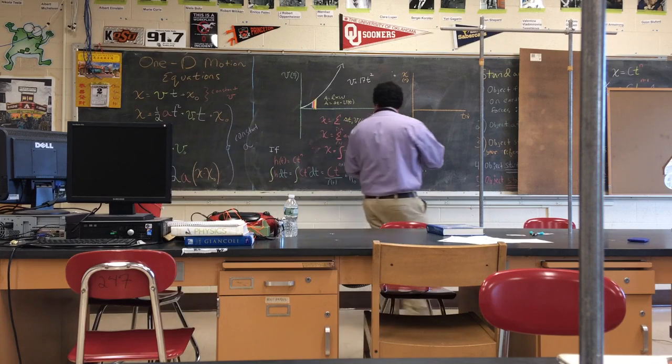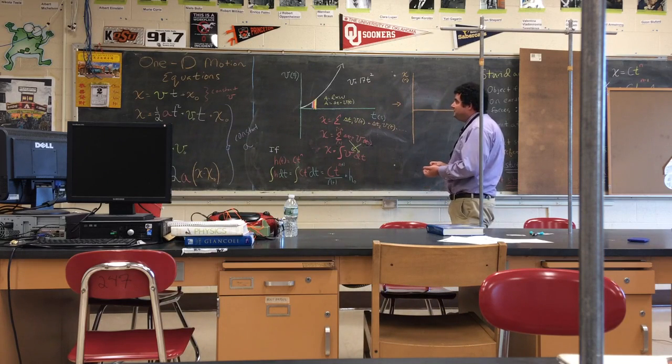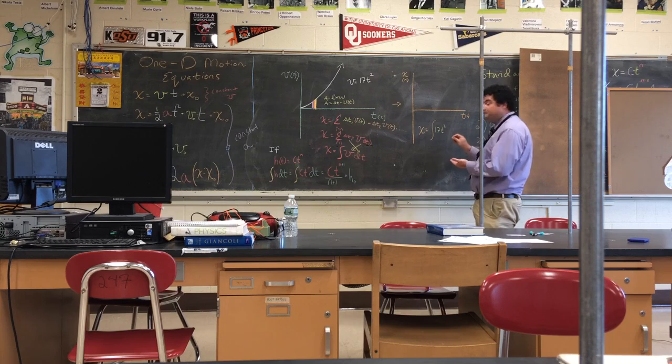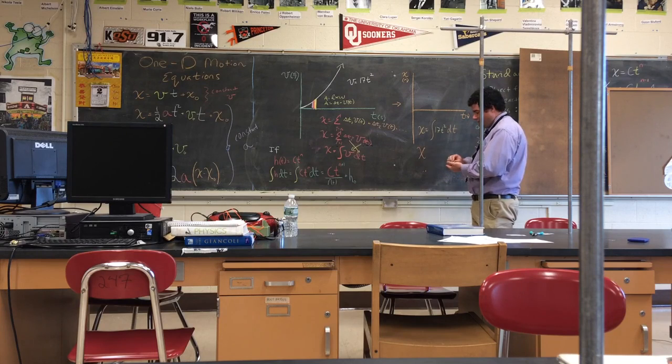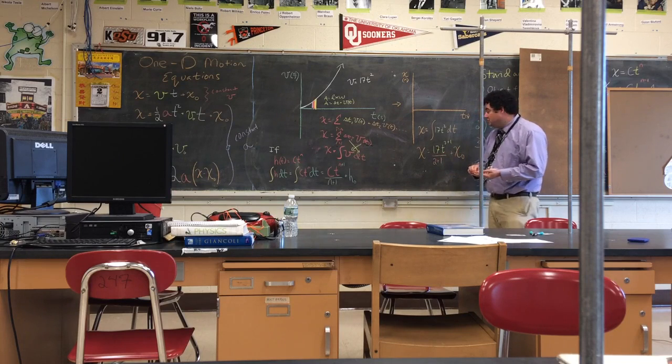If v was 17t squared, then x will be the integral of 17t squared with respect to time, and that will be 17t to the 2 plus 1 over 2 plus 1 plus whatever our original position was.